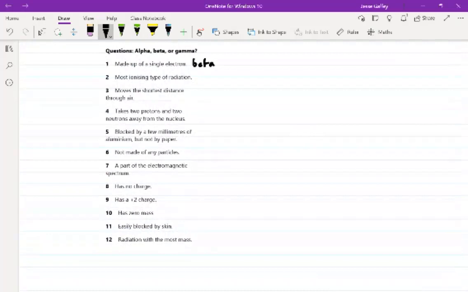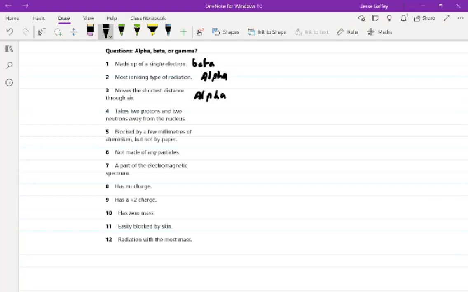Okay, so most ionizing type of radiation, most ionizing, that's alpha particles. They are the biggest and easiest to knock electrons out of atoms. Moves the shortest distance through air, that's also alpha particles. Bigger particles are easier to slow down. They hit more atoms. Takes 2 protons and 2 neutrons away from the nucleus.